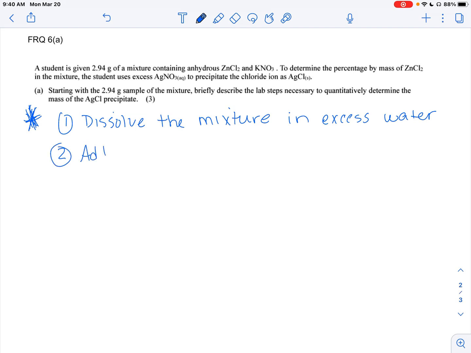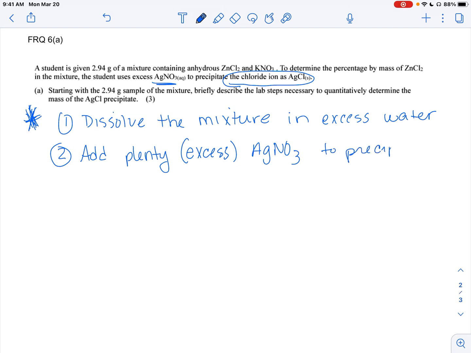Then you're going to add plenty, we like the word excess in science, because you want to make sure that the AgNO3 is the excess reagent, because we want to precipitate out all of the chloride ion. And again, you don't have to have these exact words, you just have to have the basic idea.